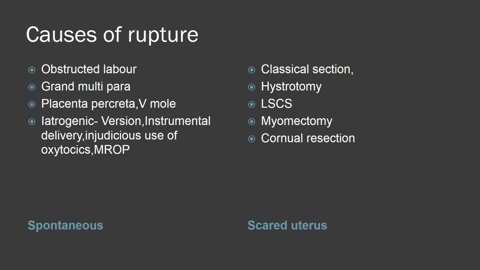Any surgery on the uterus will predispose to rupture during pregnancy and labor, even though rare, like a septum resection, unification operation, or a cornual resection. With any scar on the uterus, you should be careful in keeping that patient for a vaginal delivery.